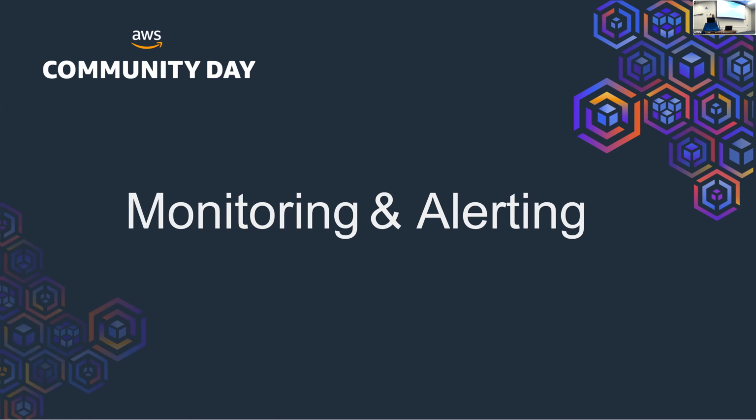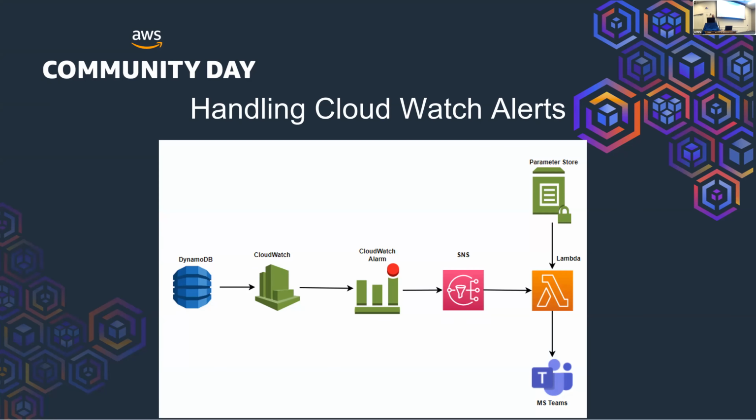Again, monitoring and alerting is very important. Even with DynamoDB on-demand it's important, but with provisioning, you have to have proper alerting in place. For example, we set up an architecture where we set up different CloudWatch alarms, with an SNS topic as the subscriber.